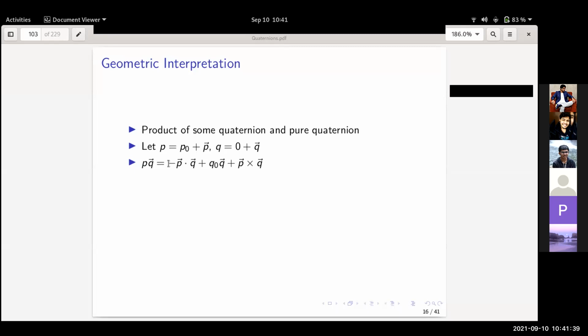The result, when we write it down, shows that there is a scalar part. So what should be the constraint now? The scalar part should be 0. In the above case, when P dot Q is 0, we get P multiplied by Q as pure. So this can be a candidate for rotation.